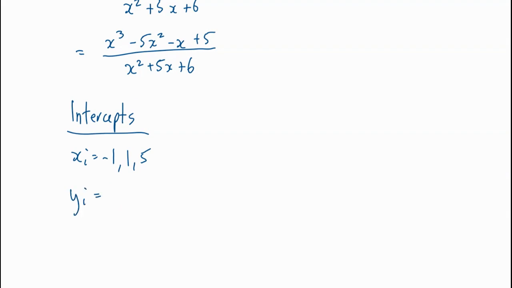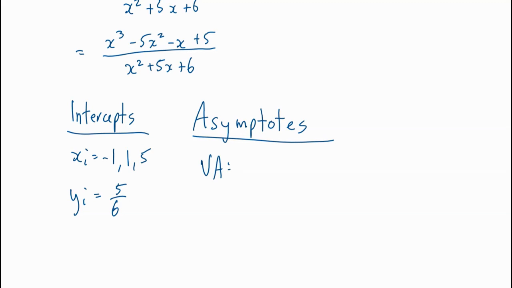Y-intercept comes from expanded form, 5 over 6. Vertical asymptotes are where the denominator is equal to 0. So x equals negative 3 and x equals negative 2.